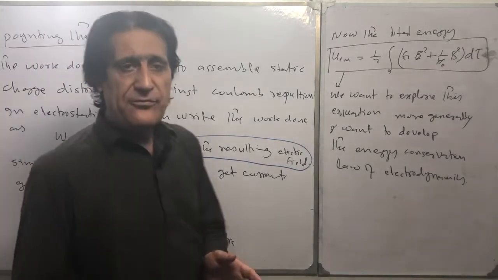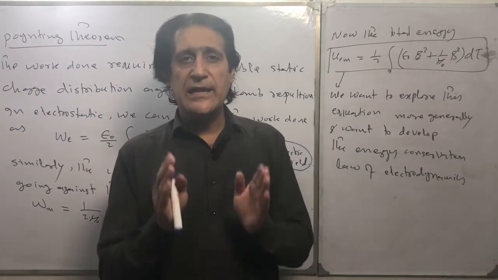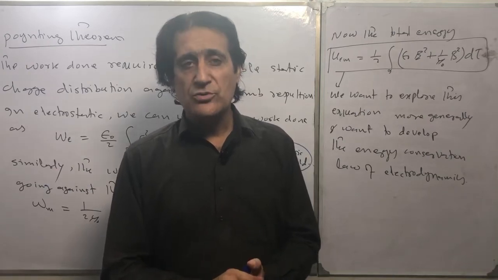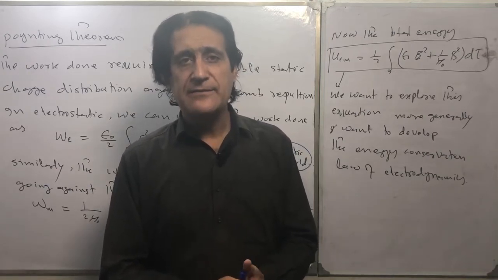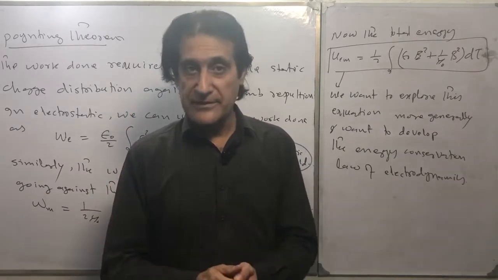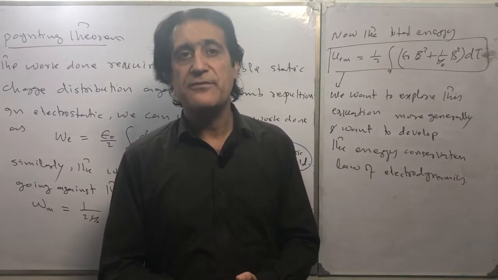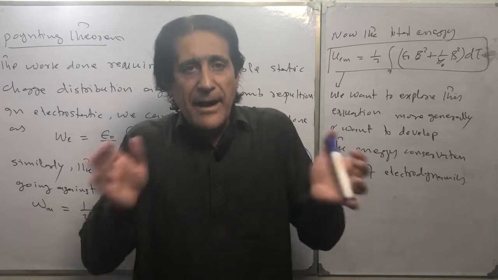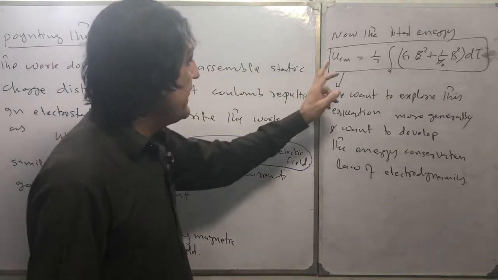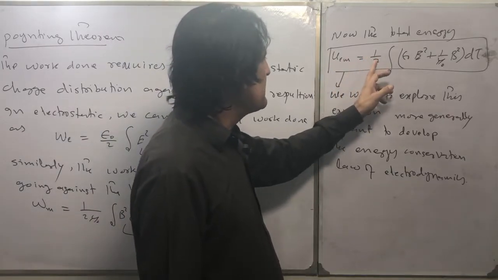Then if we are talking about electromagnetic fields, in electrodynamics we have electric field, magnetic field and electromagnetic wave. Combined, we can write down the energy stored in the electromagnetic field.